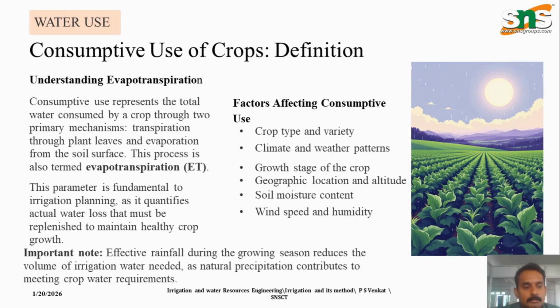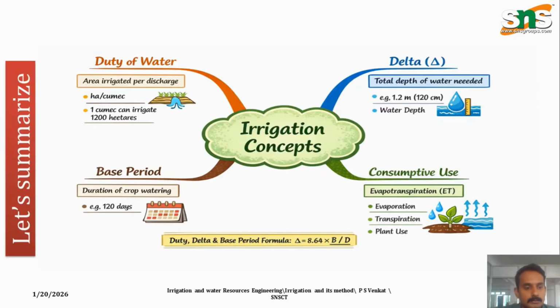Irrigation water must replace this loss to maintain healthy crop growth. The importance of consumptive use: it determines the water requirement, it helps avoid over irrigation, and it improves irrigation efficiency. Also, effective rainfall reduces the irrigation water needed.